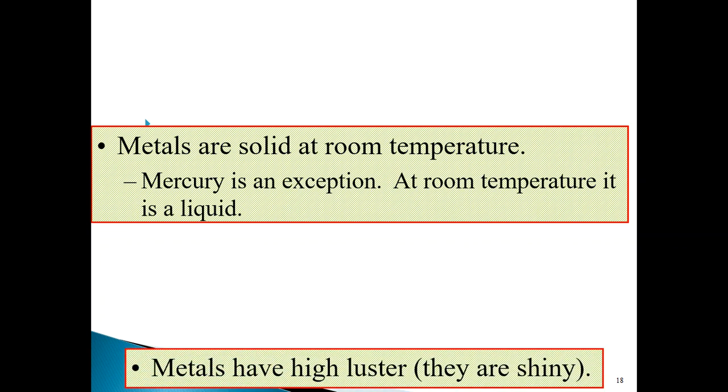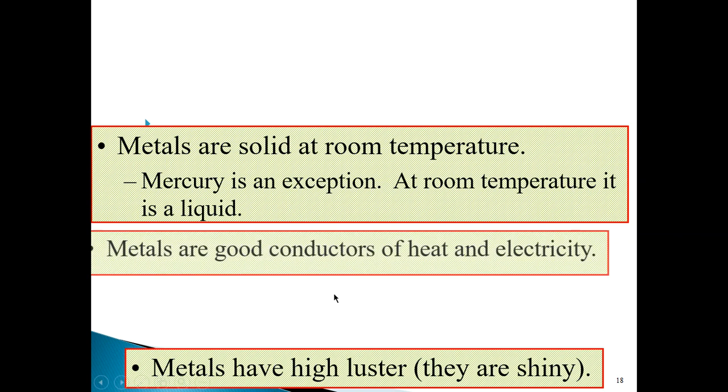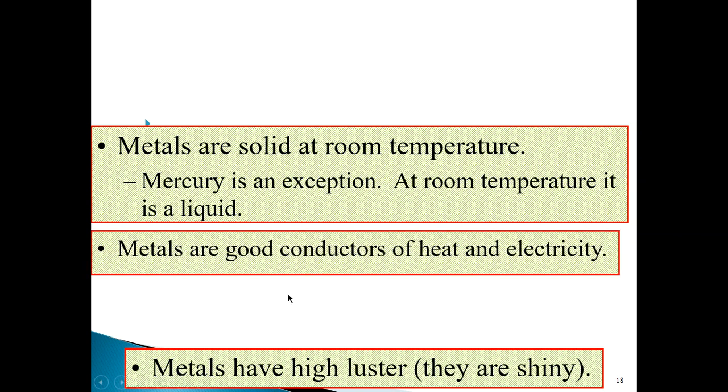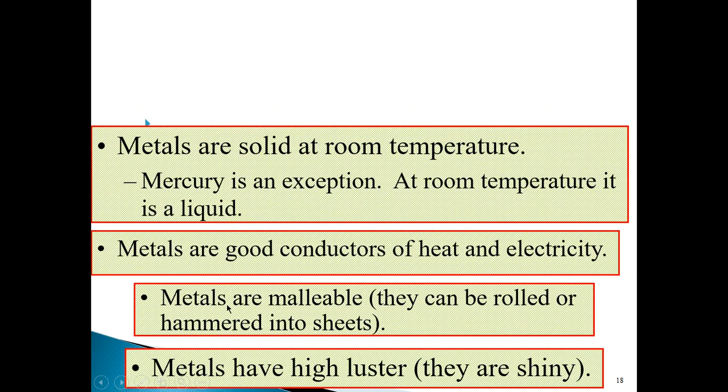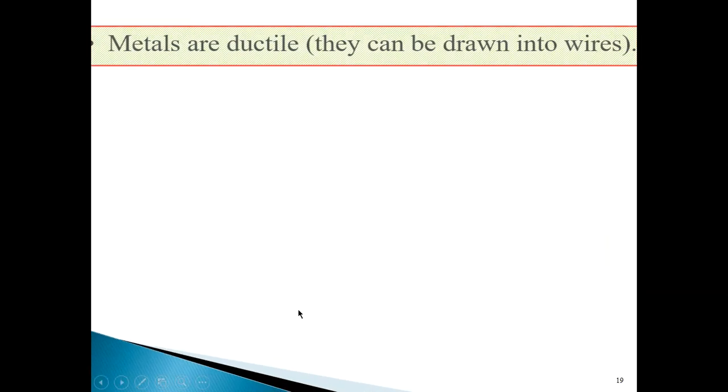Another property that metals tend to display is that they have high luster, which basically means that they are shiny, right? Another property that metals display is that they are very good conductors of heat and electricity, without exception. And then you have here another property which says that metals are malleable, which basically means that they can be rolled or hammered into sheets, all right?